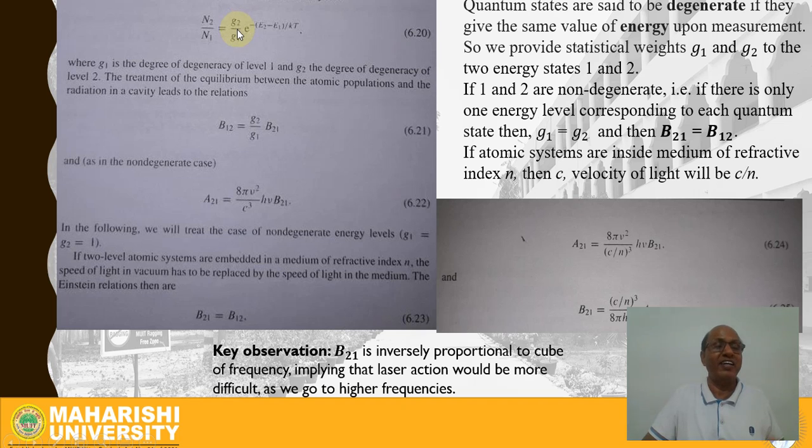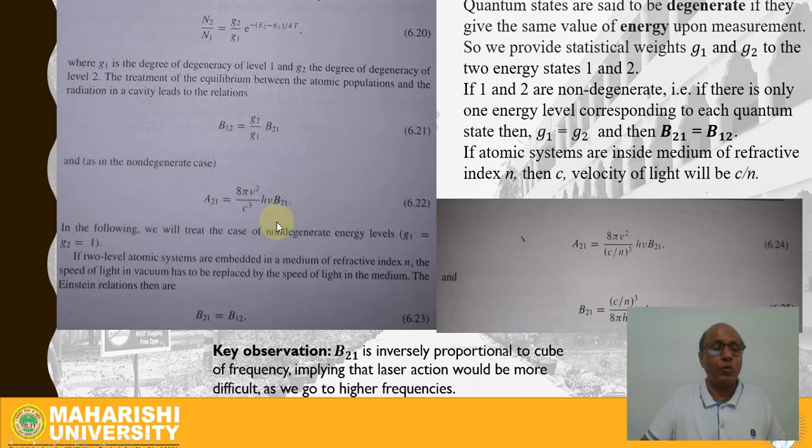Under a non-degenerate situation, G2 will become equal to G1, and then you go back to the previous relation. So this is clearly explained here. Under the case of degeneracy, B12 will become equal to G2 upon G1 into B21. And in case of non-degeneracy, B12 will be equal to B21.